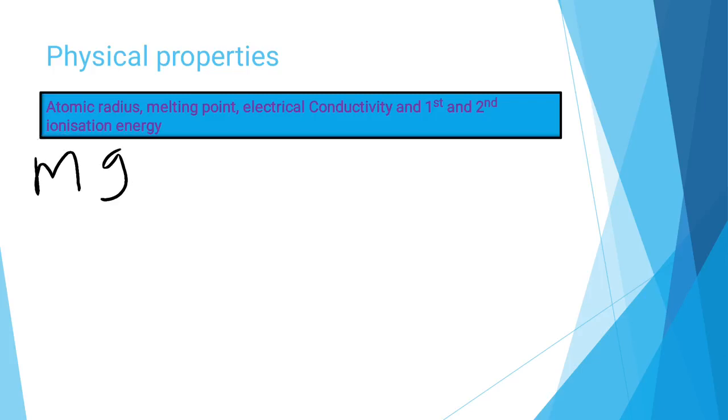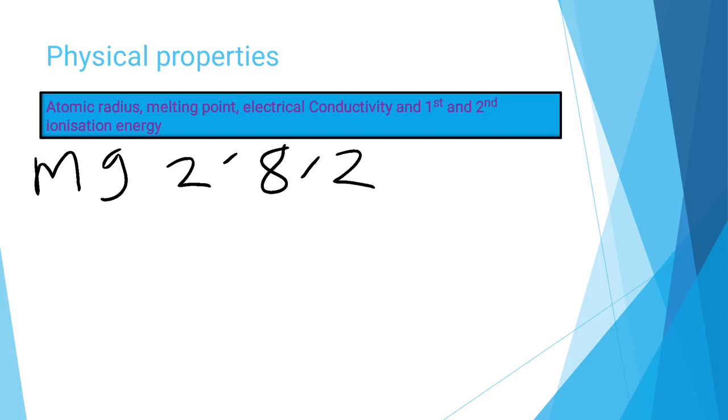Magnesium having 12 electrons, that is, its atomic number is 12, and therefore its electron configuration is 2, 8, 2.